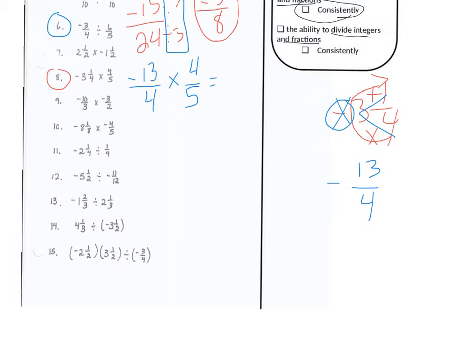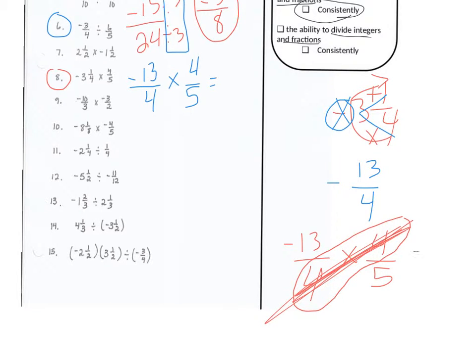I'm going to do a trick down here. If we are multiplying here, and they're the same number, we can just cancel them out and get negative 13 over 5 right there. And it will save us some reducing later on, but we'll show you that later on in some other worksheets. So we'll go straight through up top here. Negative 13 times 4 is negative 52. And then 5 times 4 is 20.